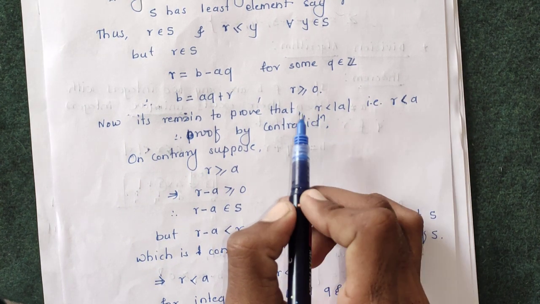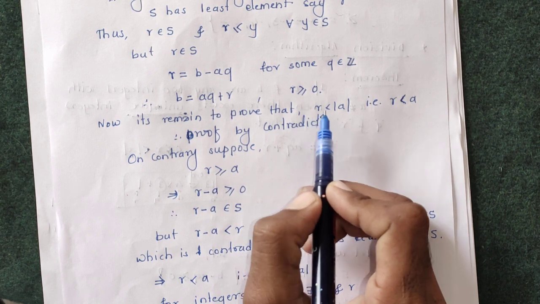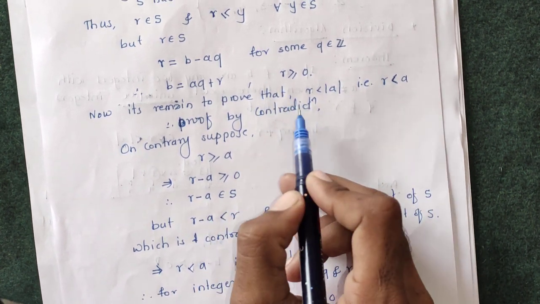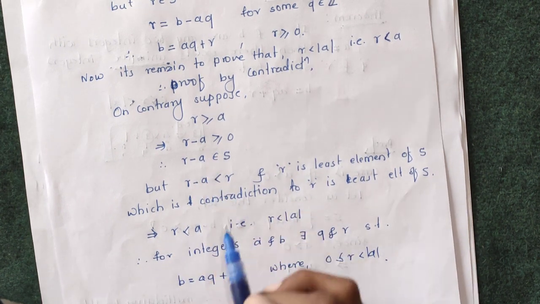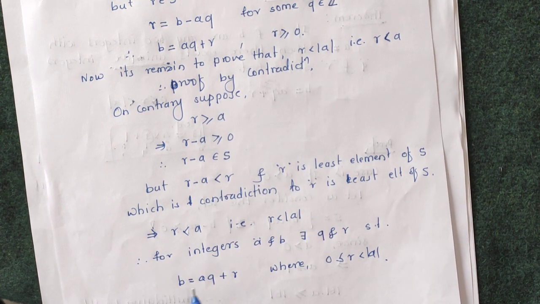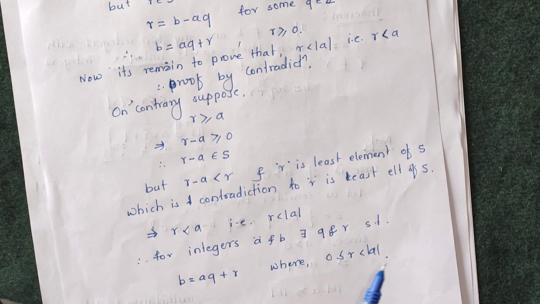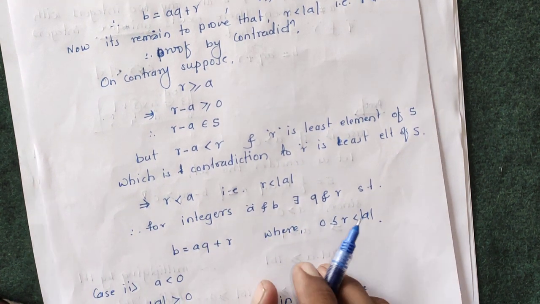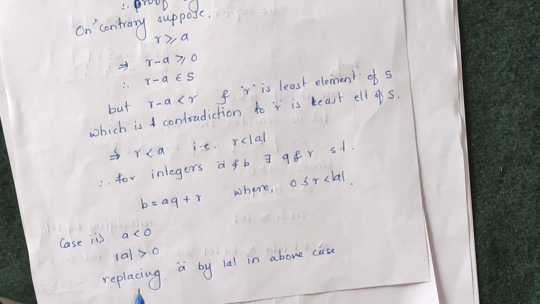Now we also have to prove that R is less than mod A. For this we use contradiction. On the contrary, we suppose this, and simplifying we get R minus A is less than R, which is a contradiction since R is the least element of our set S. So we get R is less than mod A. Similarly, in the second case, for A less than 0, we take the modulus of A, and the modulus of a negative number is greater than 0.